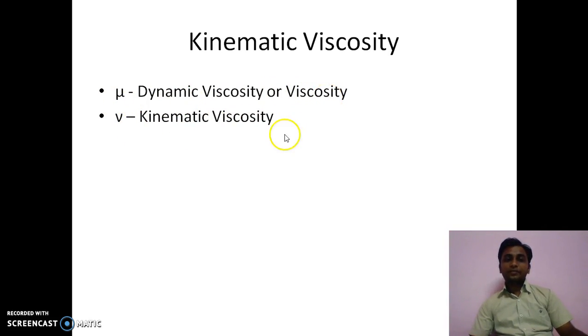Now how is this kinematic viscosity defined? It is defined as nu equals mu divided by rho. Now what is the meaning of mu divided by rho? We will see right now. But one important thing is, though we know about viscosity and we have equations for viscosity, why is there a need to define kinematic viscosity?